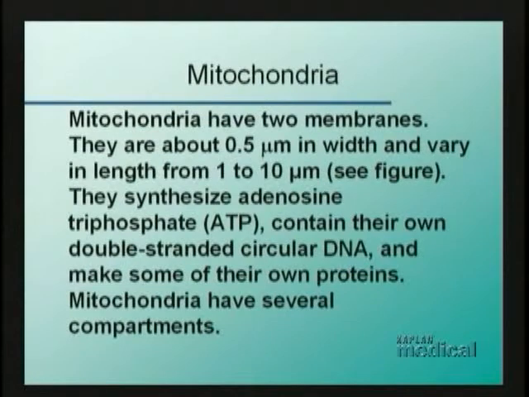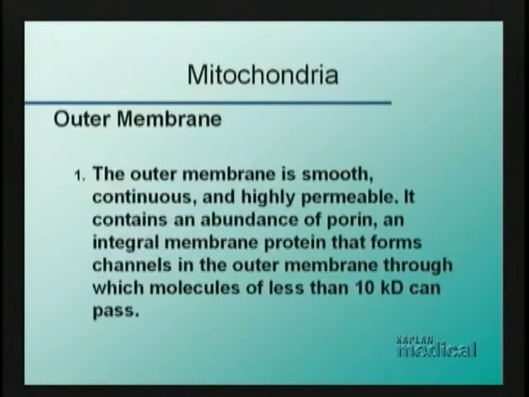Mitochondria are next, and these, like the nucleus, are cell-based organelles that have a double membrane. Mitochondria are characteristic because their major job is to synthesize ATP and they are involved in oxidative phosphorylation. In terms of compartments, the outer membrane of the mitochondrion is smooth, continuous, and highly permeable.